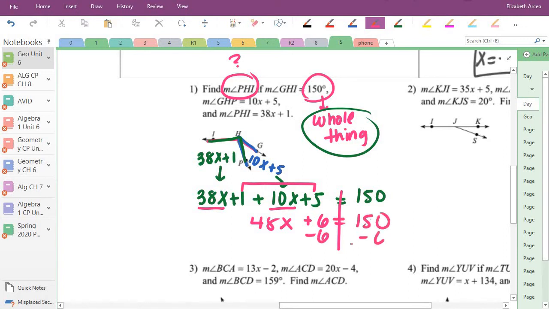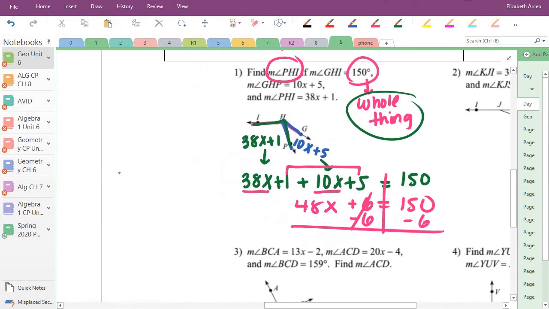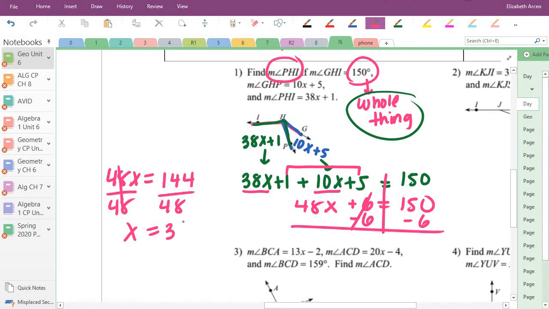Subtract 6. So we have 48x is equal to 144. Divide by 48. x is equal to 144 divided by 48, which is 3.